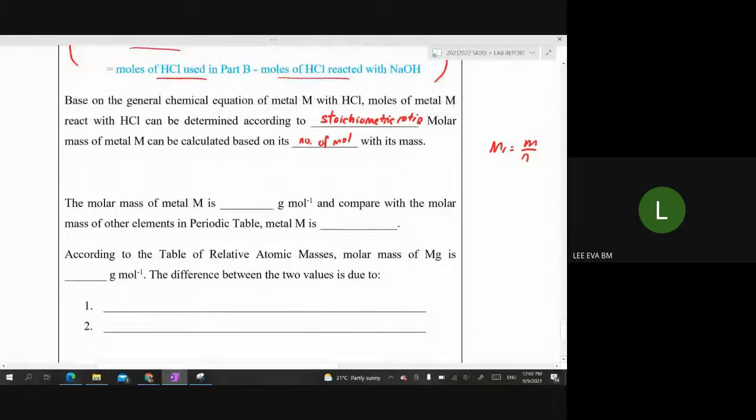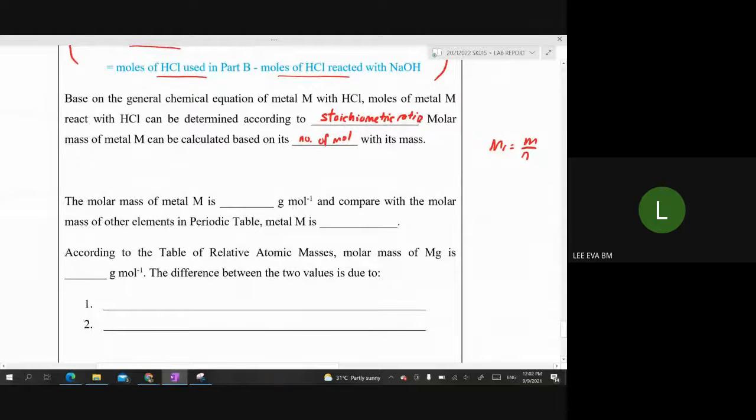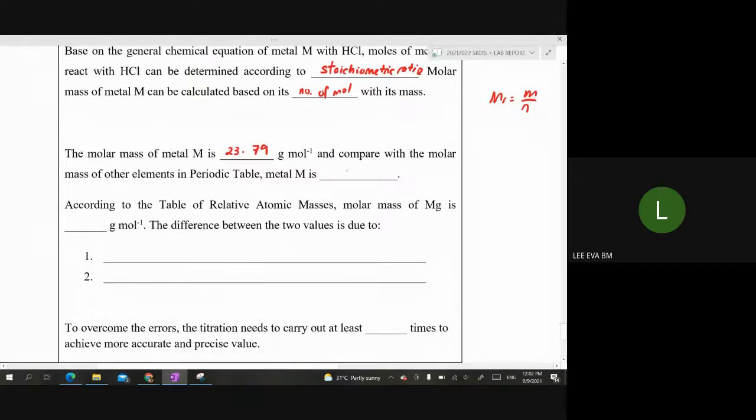So the next one, the molar mass of metal M is, this one is kind of like your conclusion, the average mass that you got just now, which is 23 point, which is the average you got just now? 79. So compare the molar mass of another element, and the metal M is magnesium.